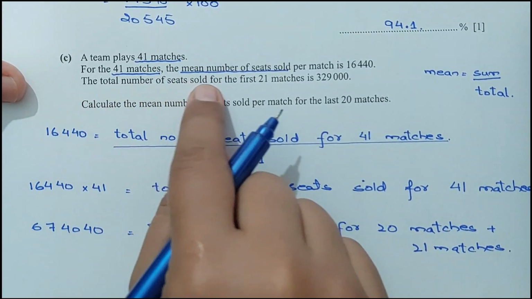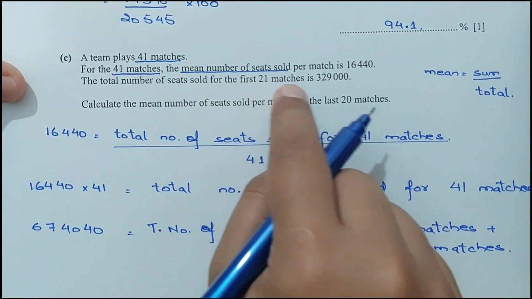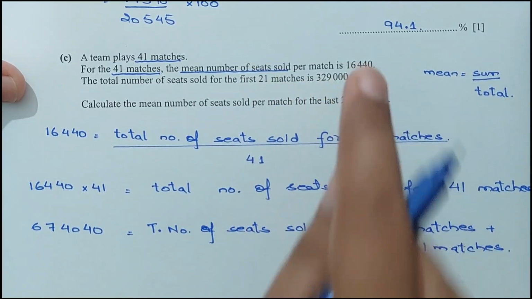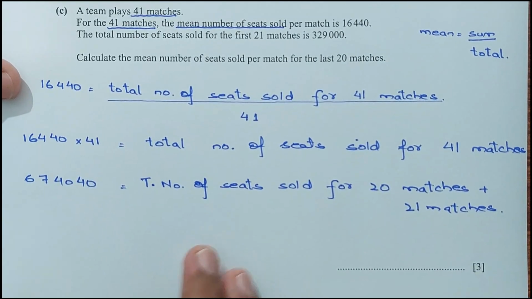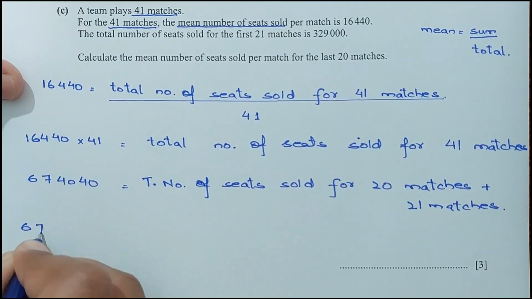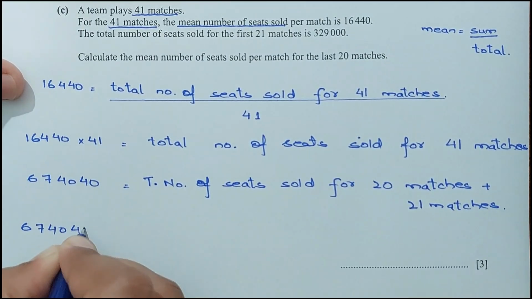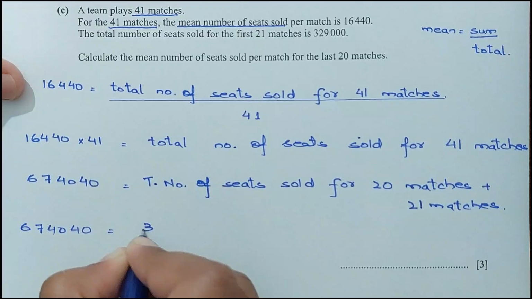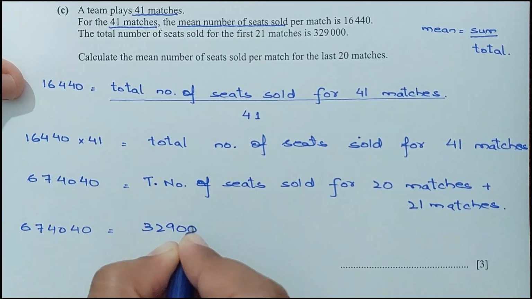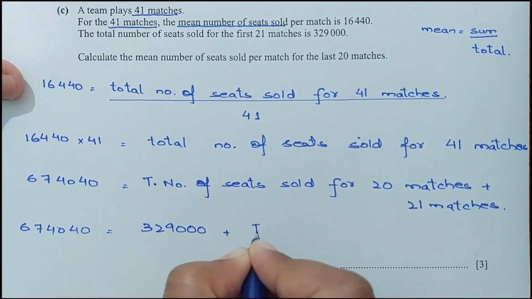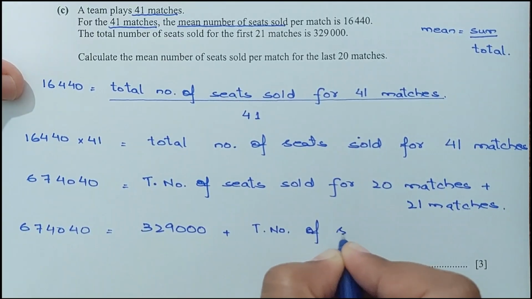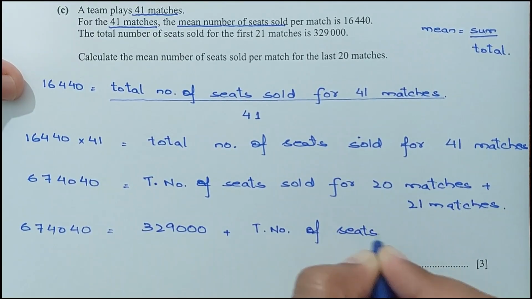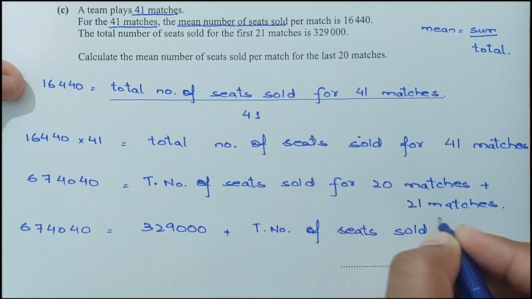The total number of seats sold for the first 21 matches is given. So 674,040 is equivalent to 329,000 plus the total number of seats sold for 20 matches.